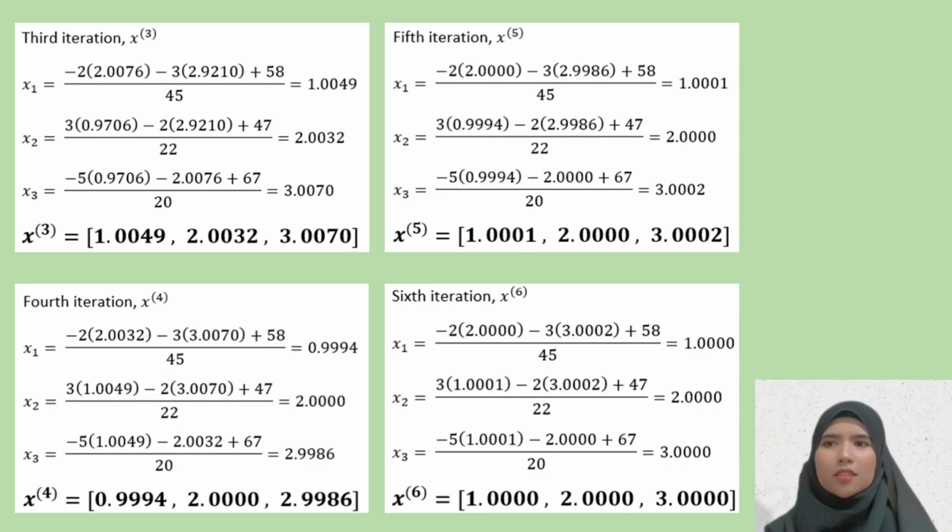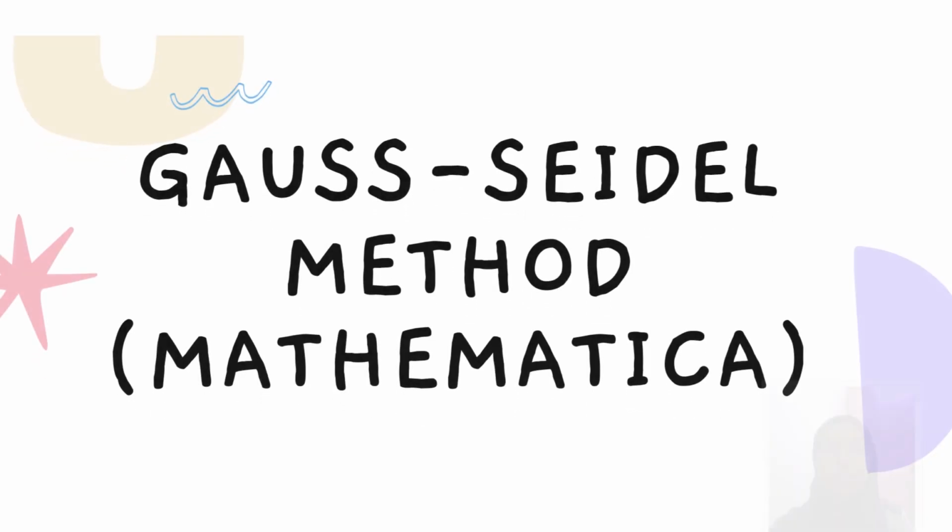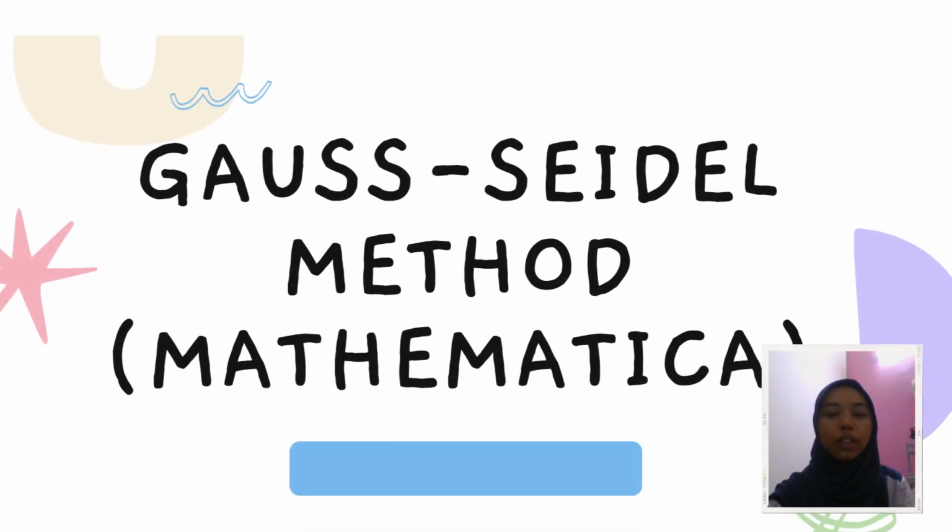The solution that I obtained from the sixth iteration is x1 equal 1.000, x2 is 2.00, and x3 equal 3.00. That's all from me. Thank you. So next, we continue with coding.